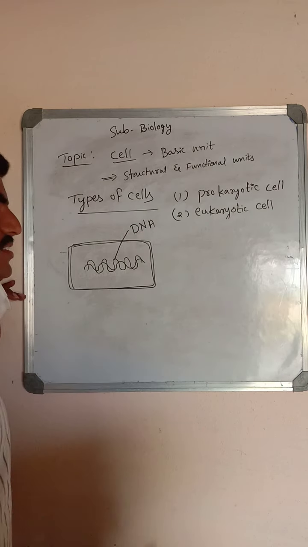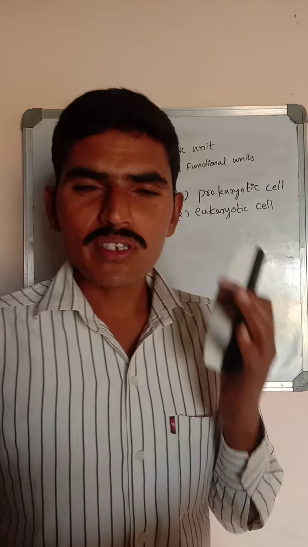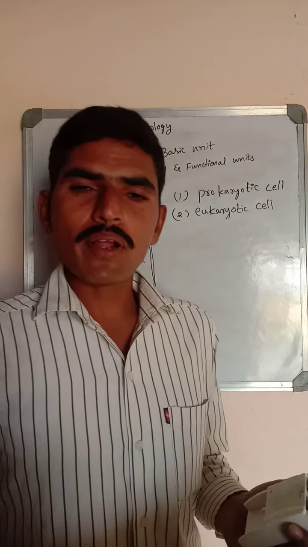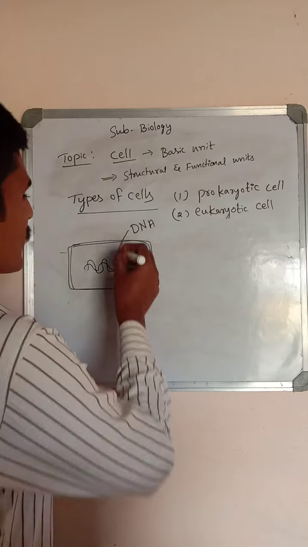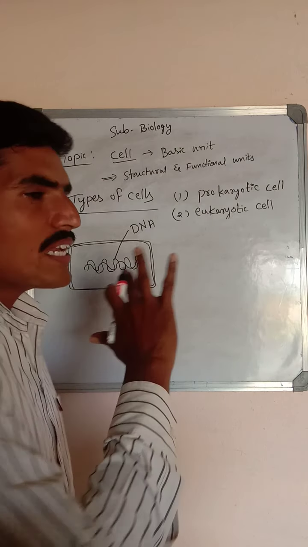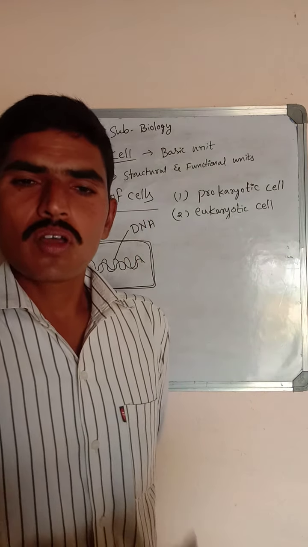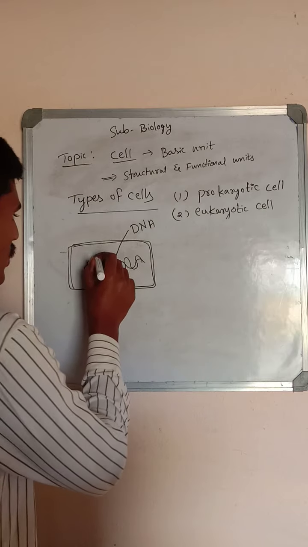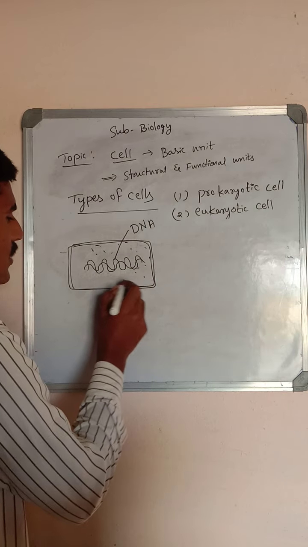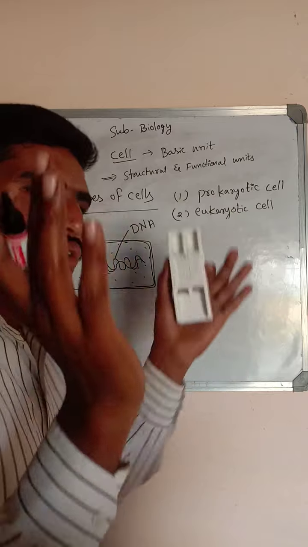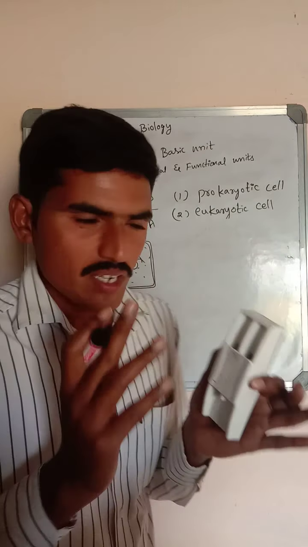DNA full form is deoxyribonucleic acid. RNA full form is ribonucleic acid. Now this DNA is lying freely inside the cytoplasm. It is not enclosed by any kind of structure.